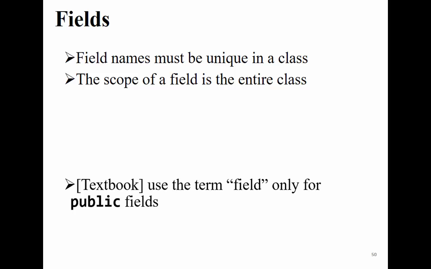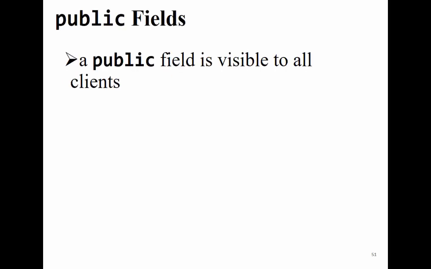But for our class, you look at the lectures, the terms that we have used, you have to stay with those terms. So we are using class variable for a static field, class method for a static method, and instance field for a non-static field.